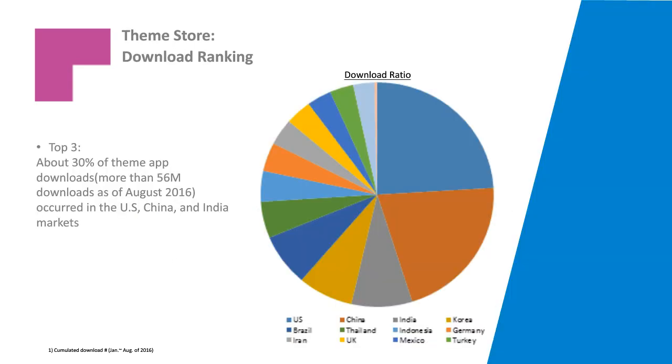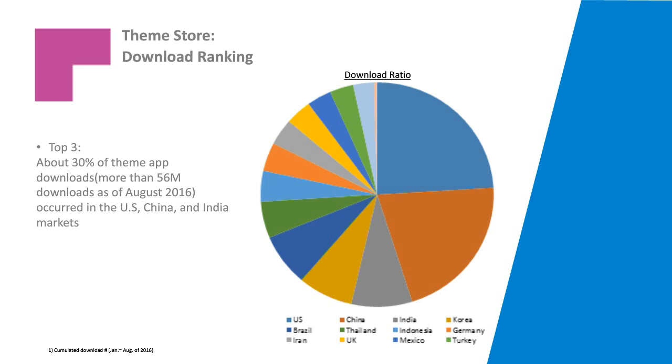Talking in terms of the download ranking, we have observed that US, China, and India are among the top content downloaders for the theme apps. They consume almost 30% of all the theme content. Until August 2016, we observed that more than 56 million downloads were done by these three countries alone.